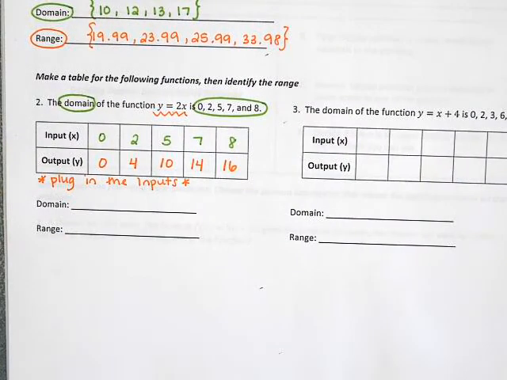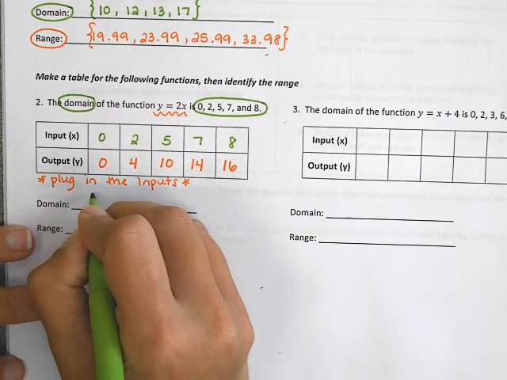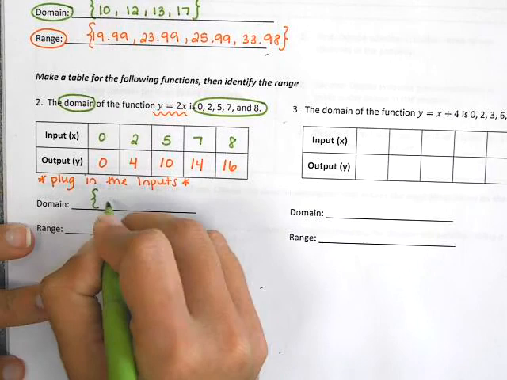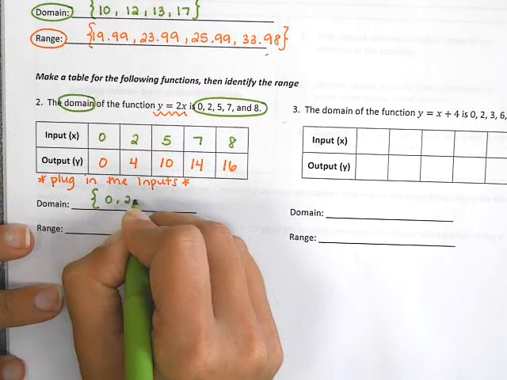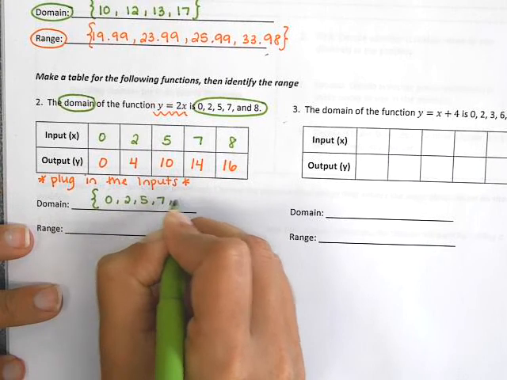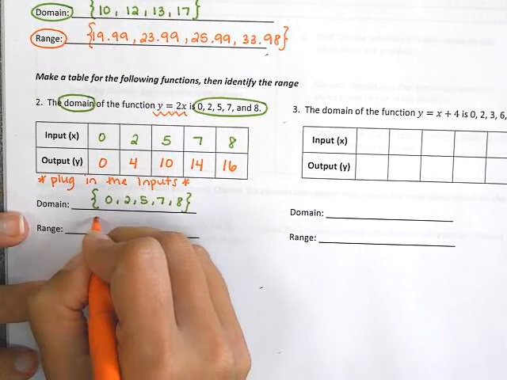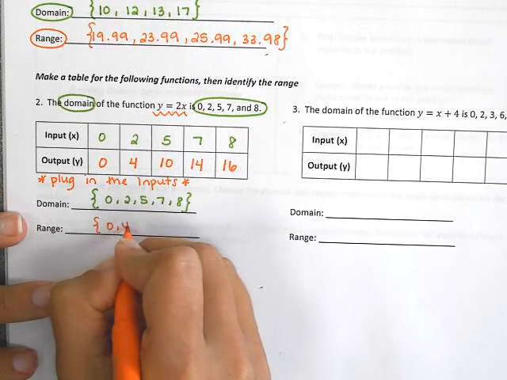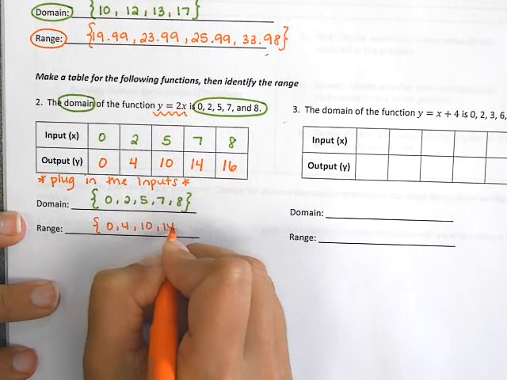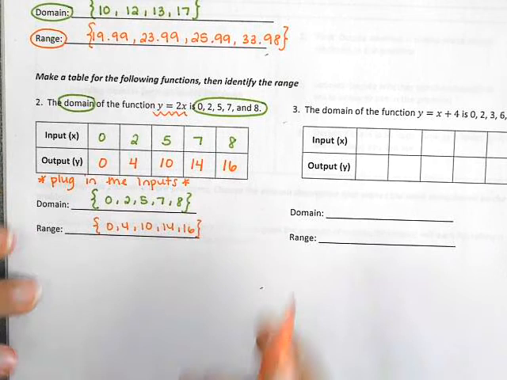Now that I have those two rows of my table filled in, I can easily list my domain and my range. So my domain would be squiggly bracket 0, 2, 5, 7, and 8. And my range would be squiggly bracket 0, 4, 10, 14, and 16.